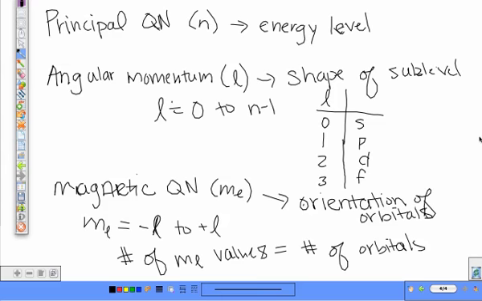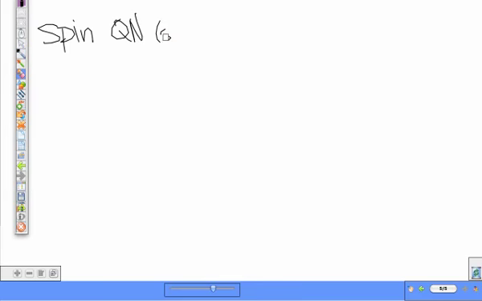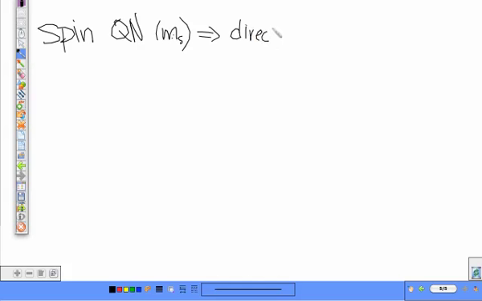And then the last one is the spin quantum number, MS. Number of ML values equals number of orbitals. Yes. And this describes the direction of electron spin on its axis.